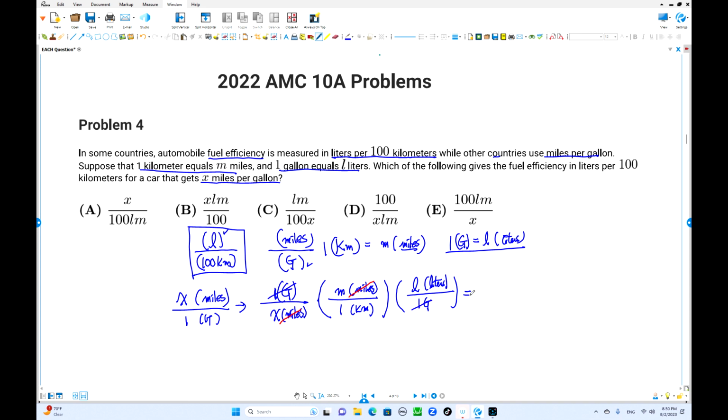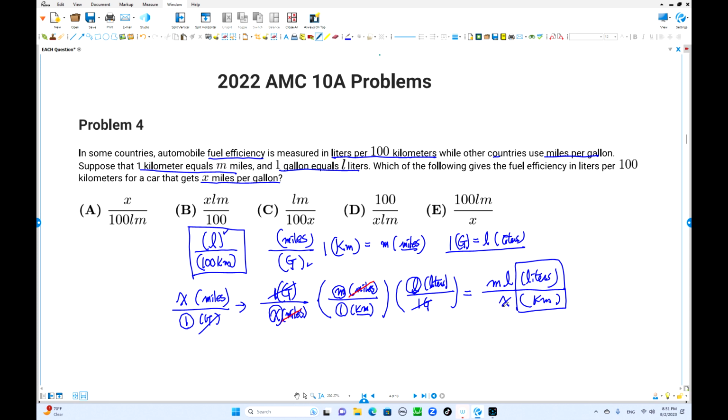Now simplify. M times L liters over X times 1 times kilometers, so X kilometers. But this unit is only liters per kilometer, not per 100 kilometers, okay?